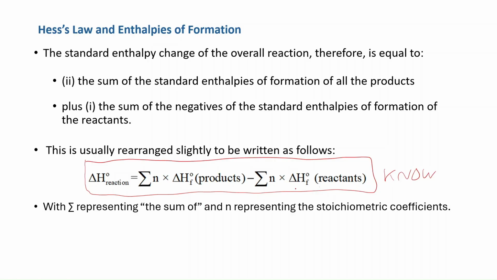And if you have difficulty remembering this equation, I always tell the students products come before reactants alphabetically, so they come also before in the equation. But I would say 99% chance you're going to have to memorize this equation. I doubt it will be given to you.